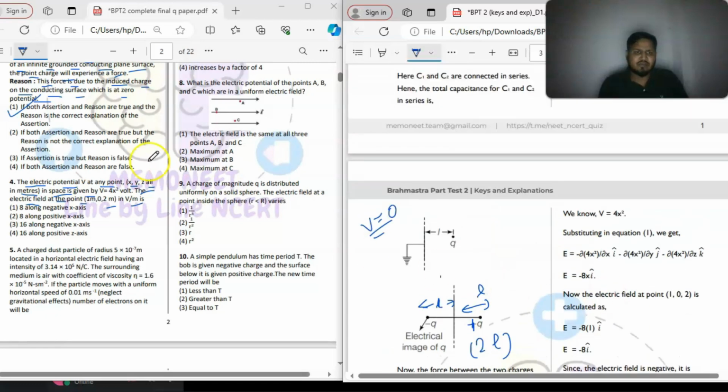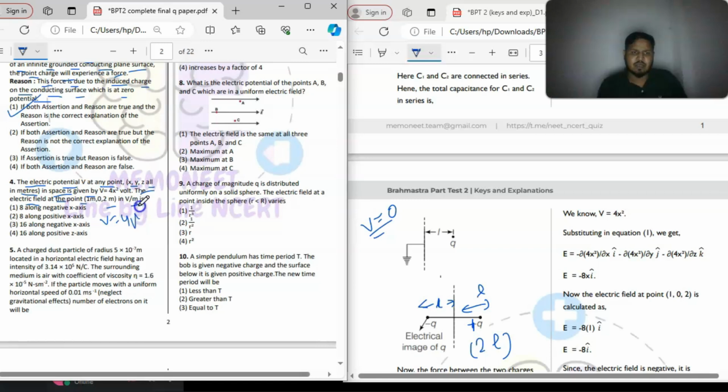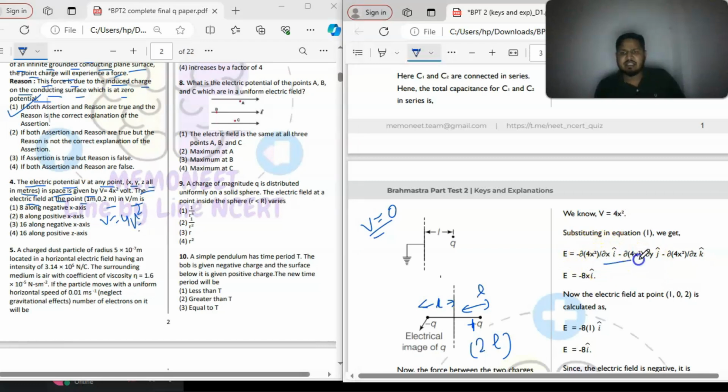Now the value of V is given here, that is V is equal to 4x square. Now put the values here in place of V. So now after differentiating, the differentiation with respect to y is 0, and this is also 0. So only with respect to x we get minus 8x i cap.